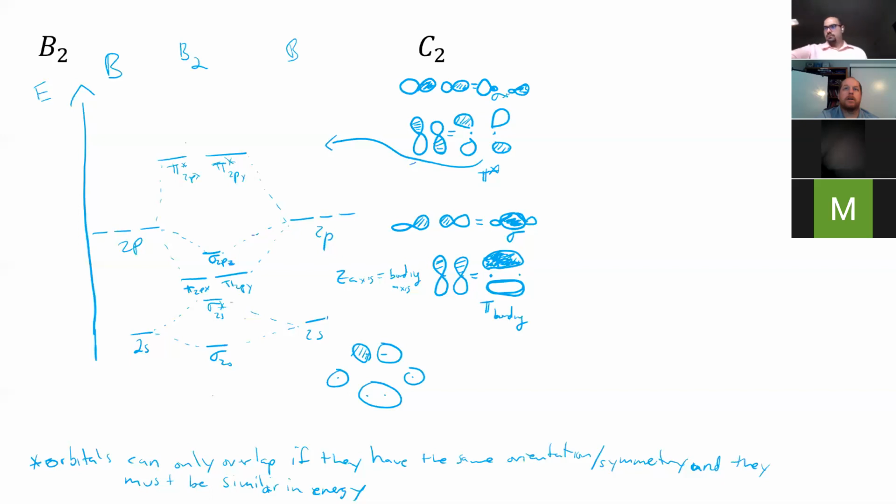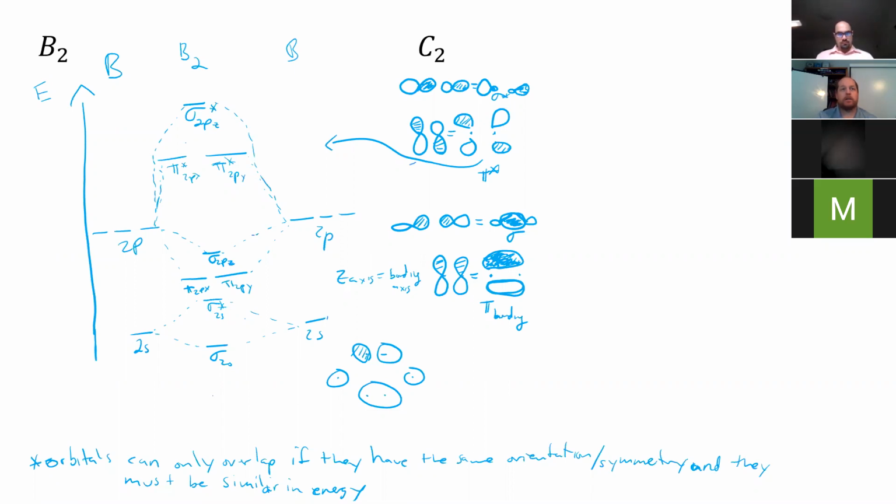That sigma star would be the highest energy orbital. It's the sigma star 2pz. It's the highest energy orbital because the orientation of those two orbitals is towards each other. Since they're oriented towards each other and they're out of phase, that's a lot of destabilization. It's basically a really good overlap to destabilize these orbitals, and so there's going to be a net repulsion overall.